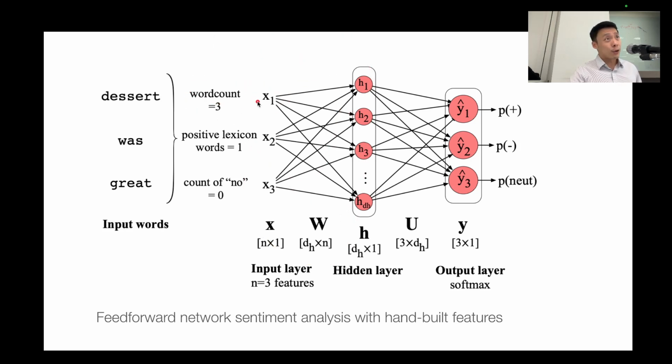You count the number of words as x1, the number of positive words, great, which is equal to 1, and the number of times that you see the word "no", that's x3. So you can hand craft the features. You don't do that much anymore, but sometimes this is actually useful. So you could make a feature vector as an input vector. In this case, it's only 3 features connected to the hidden layer and connected to the output layer.